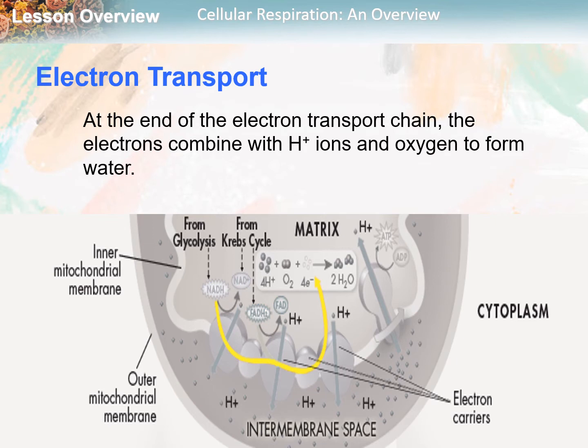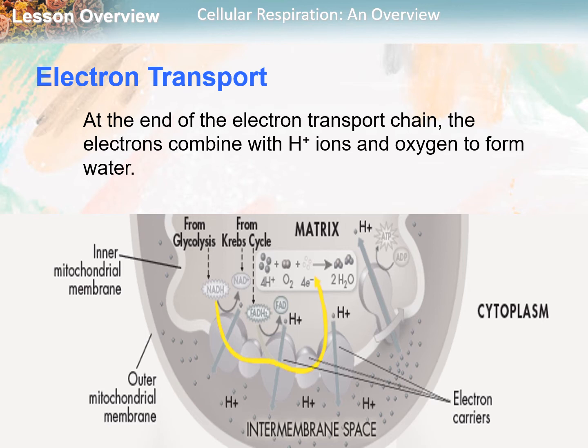At the end of the electron transport chain, the electrons combine with hydrogen ions and oxygen to form water. So in this process, water is being produced aside from the energy.